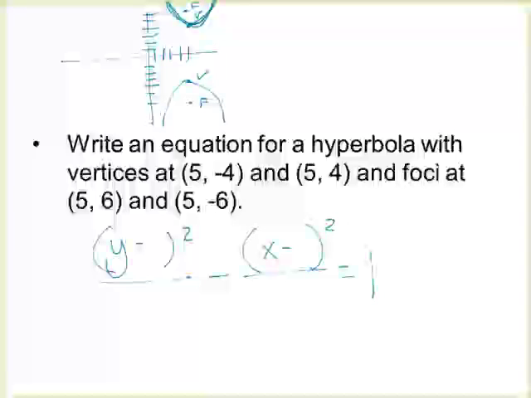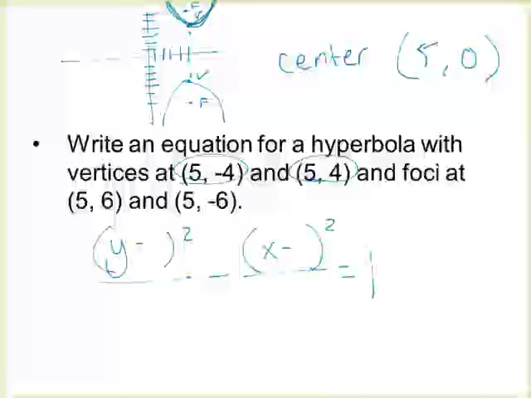The center should be the midpoint of the vertices. So exactly halfway between the vertices, or taking the average or midpoint of the vertices, gives me a center where? 5, 0. The average of 5 and 5 is 5. The average of -4 and +4 is 0.